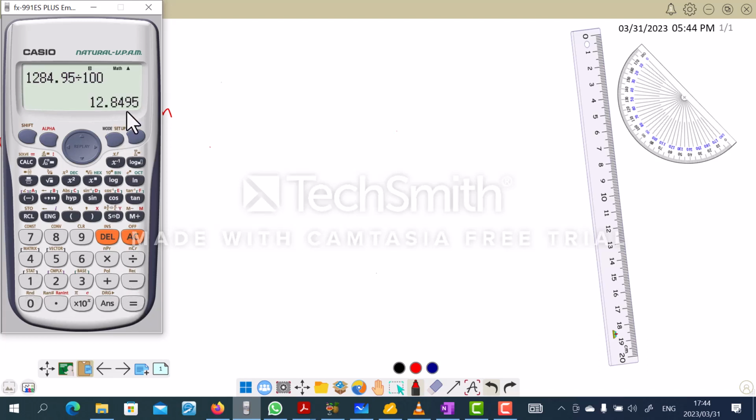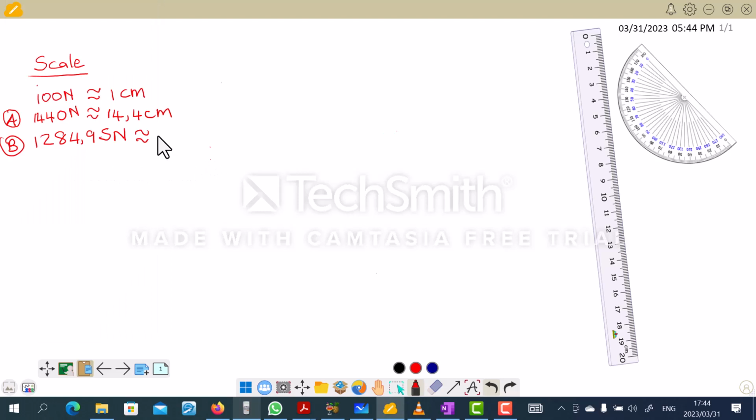So it will be 12.8 centimeters. Now we don't know this one for C. Probably they will ask us to find the magnitude of vector C, so we will come to this one later on. So every time you are given the newtons in thousands, then your scale must be in hundreds. If they gave you your newtons in hundreds, your scale must be in tens, and so on.